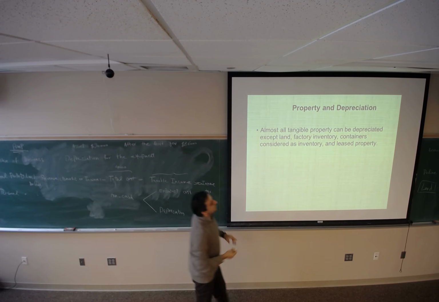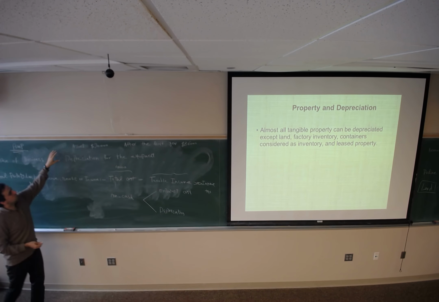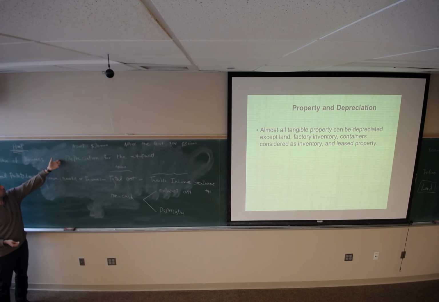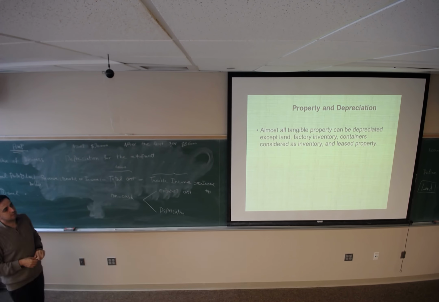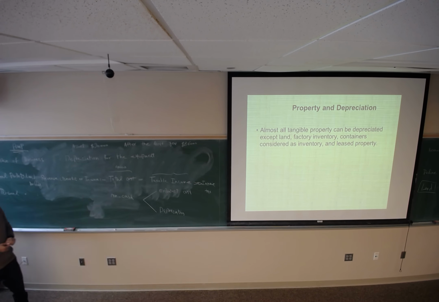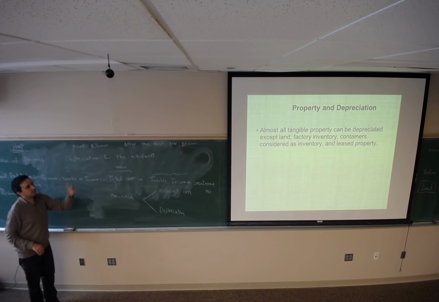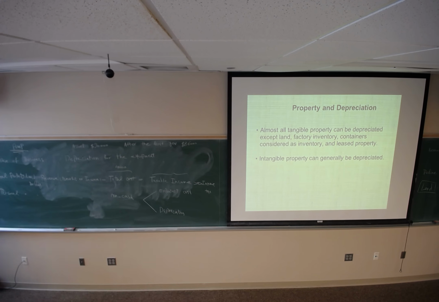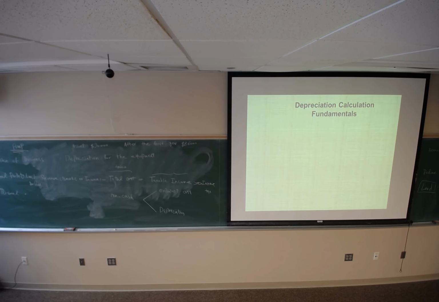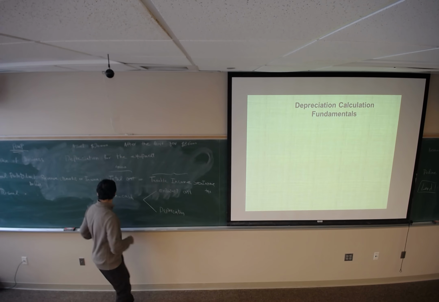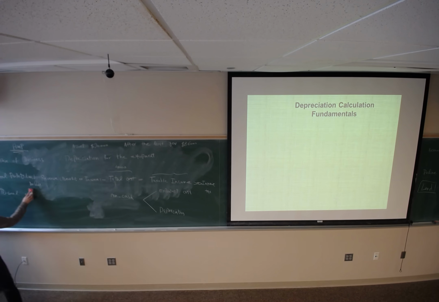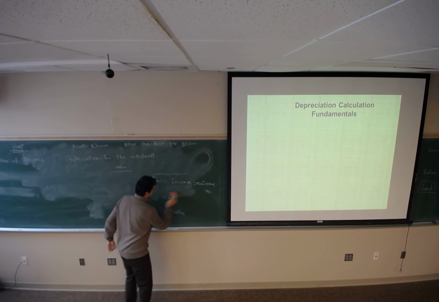If the company leases equipment, you cannot depreciate that property because it's not yours. You just rented that equipment. Intangible property can generally be depreciated. So these are some basic things about depreciation.